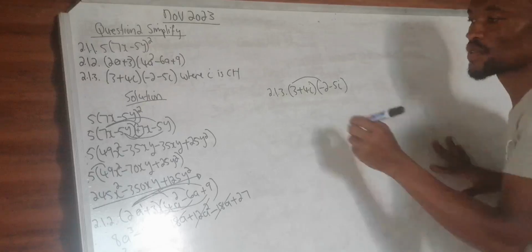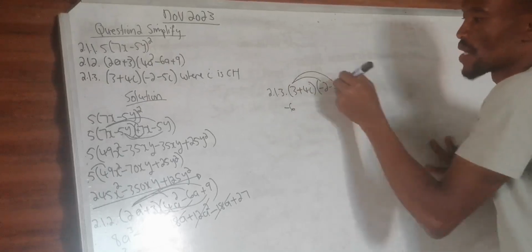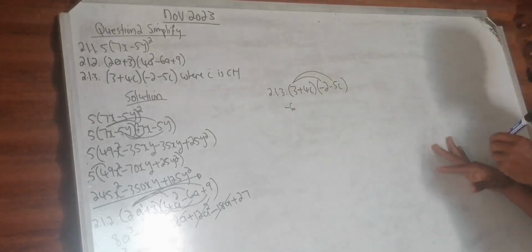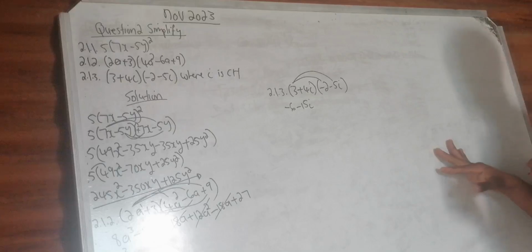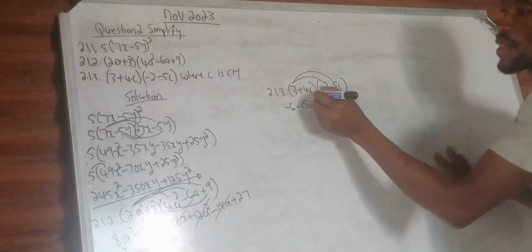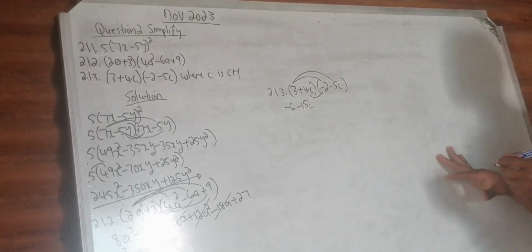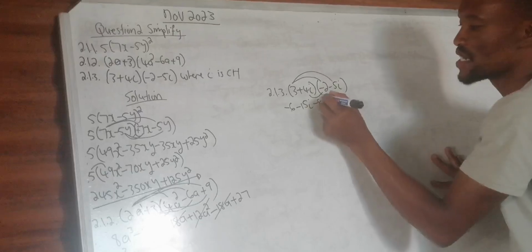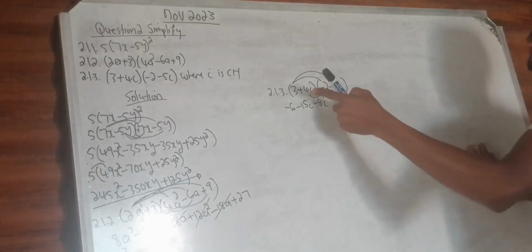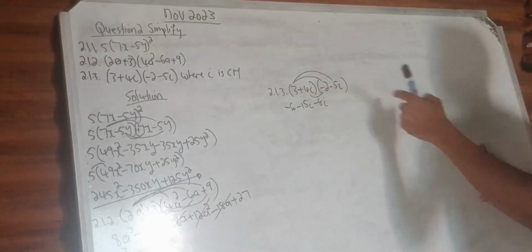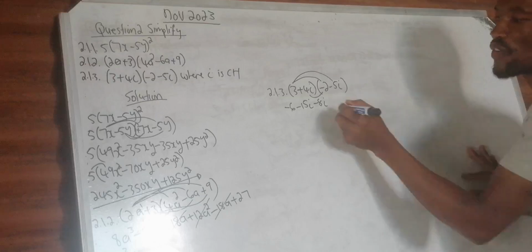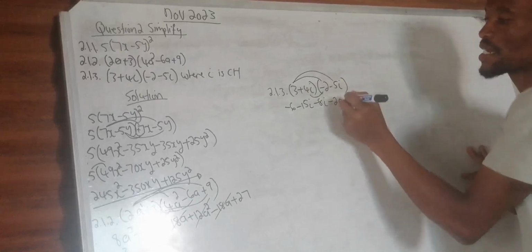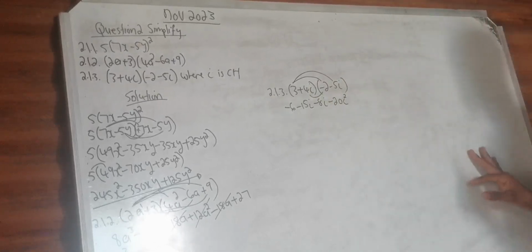3 times negative 2 is negative 6. 3 times negative 5i is negative 15i, because 3 times negative 5 is negative 15. 4i times negative 2 is negative 8i. Positive 4i multiplied by negative 5i: positive 4 times negative 5 is negative 20, i times i is i squared.